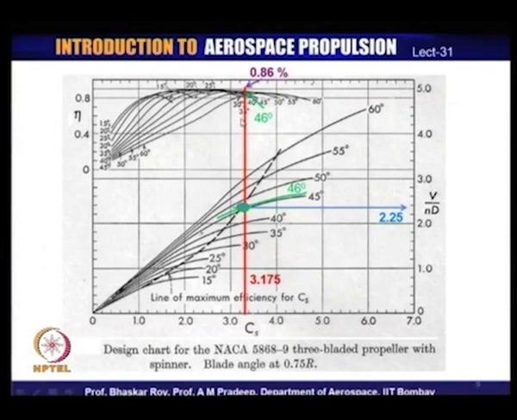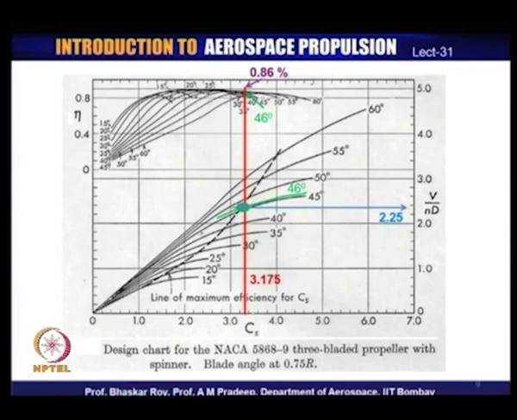So, in this graph what we can see is, if you use the parameters given and calculate the fundamental parameter C s and the advance ratio V by N d, you can arrive at a suitable blade setting angle for this particular blade section, the reference section. The reference section of the blade at 0.75 R should now be at 46 degree blade setting angle. As we know, the blade setting angle would indeed vary from root to the tip of the blade.